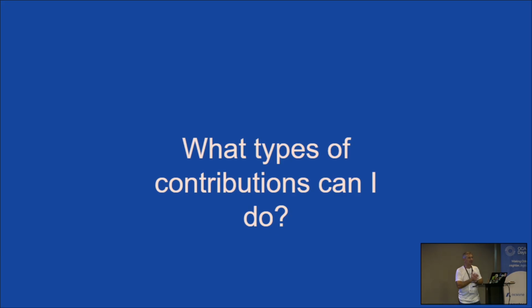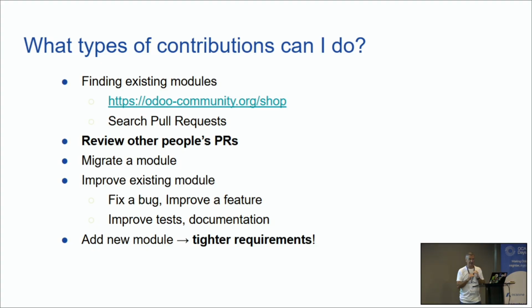Okay, what types of contributions can I do? So here is a list. The first is like a 0. It's not really a type of contribution. If I plan to write a module or contribute a module, the first thing I should do is ask, does it exist already?